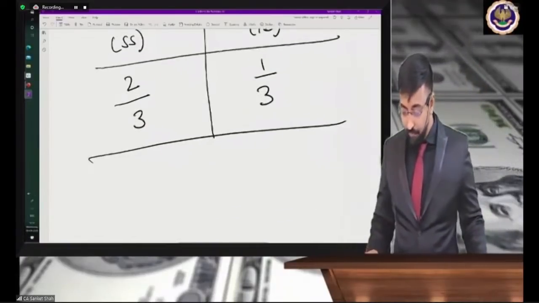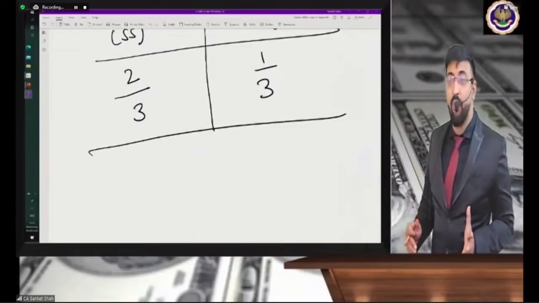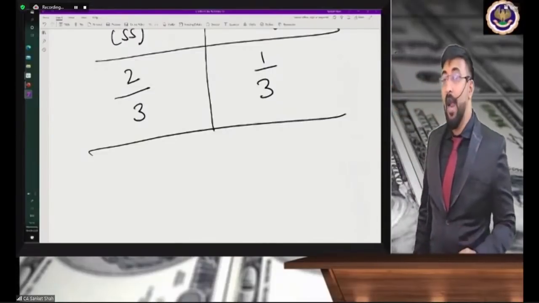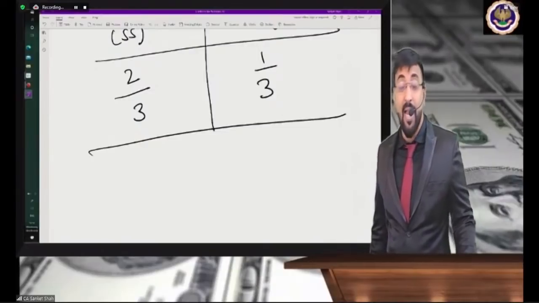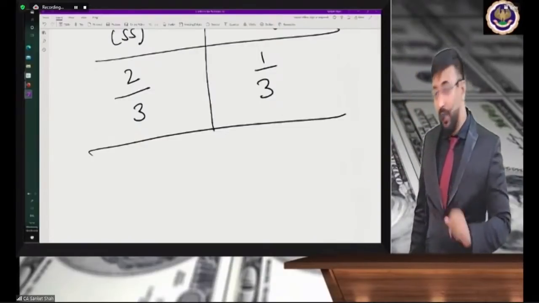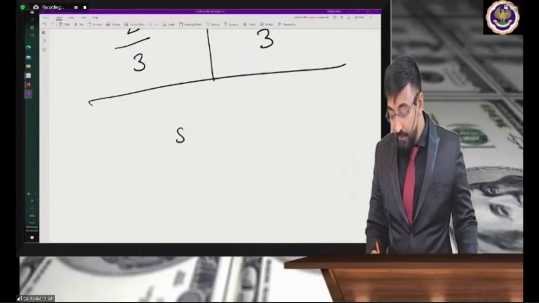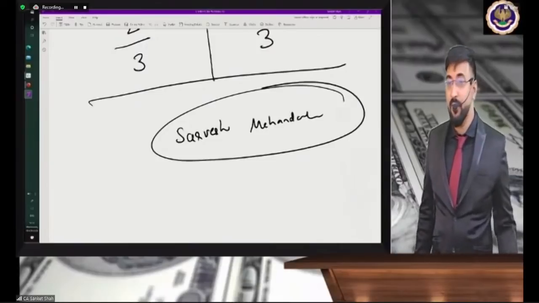Now, they already struggled a lot and now they are in good profit. From the last 10 years they are doing this practice, and now in their partnership firm they have a good client base and are earning good money. Now, assume there is one person, Mr. Sarvesh Mehendare. He entered into business after 10 years.